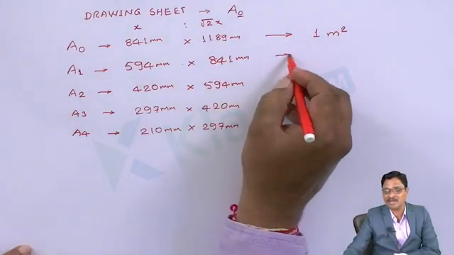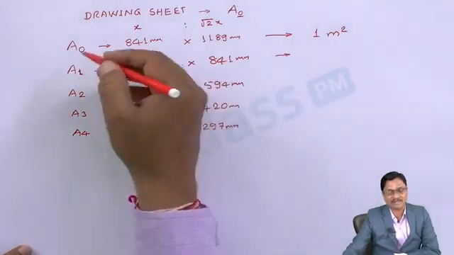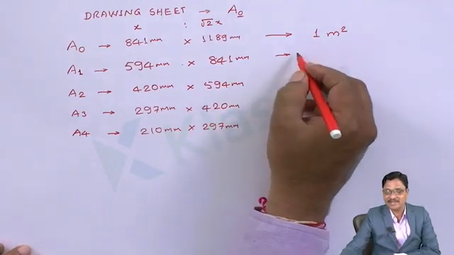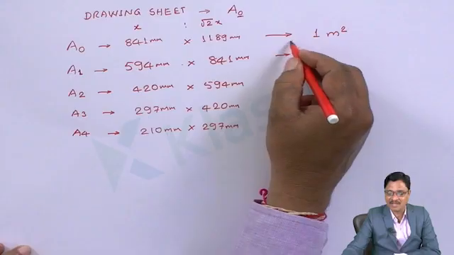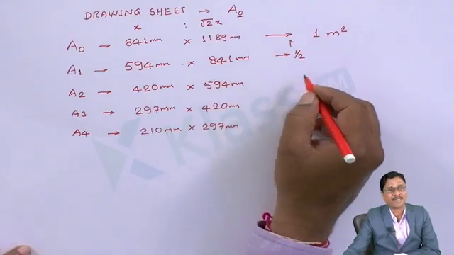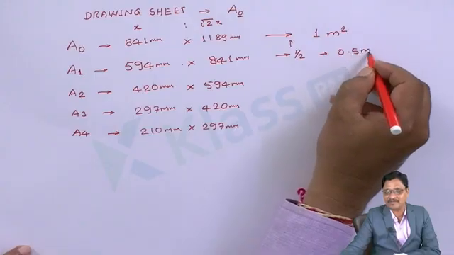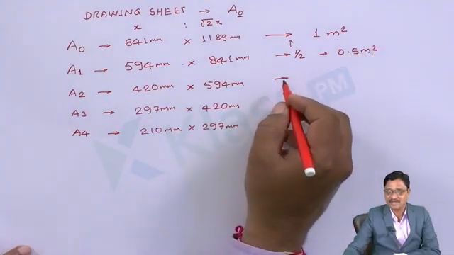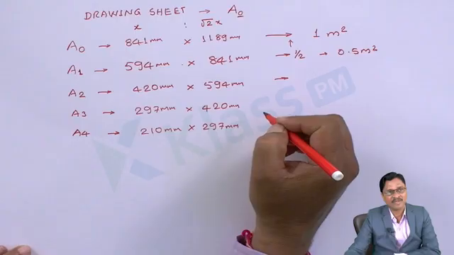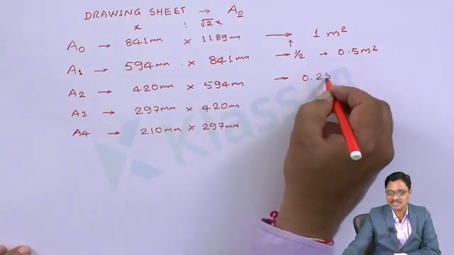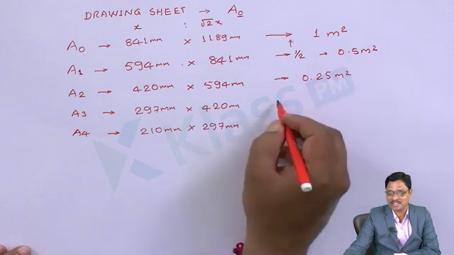Thereafter everything comes down. From A0 you get the next size, A1, which is exactly half the area, so 0.5 square meter. Similarly from A1 to A2 it is again half of the higher size, which is 0.25 square meter.